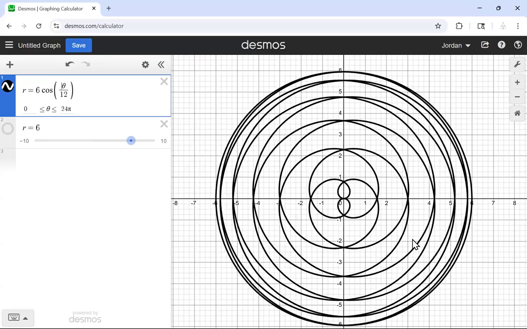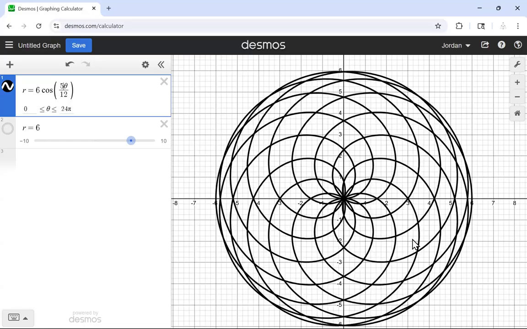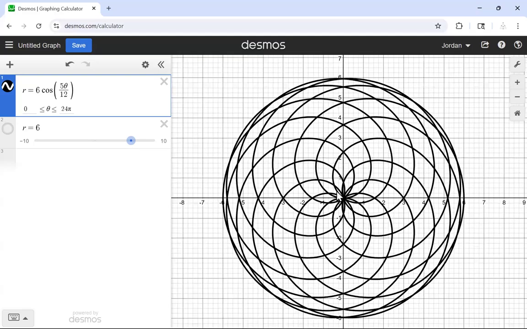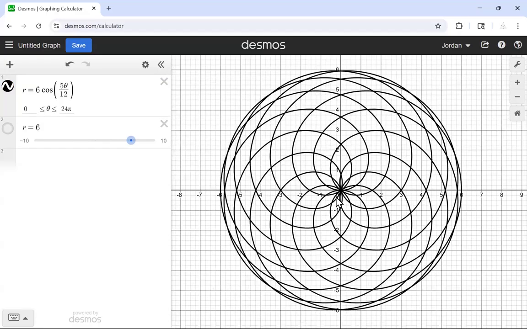What if we did 5 theta over 12? We get this really interesting shape, it almost looks like some sort of a thing you'd find in nature or in some really interesting artwork in a tiling structure.